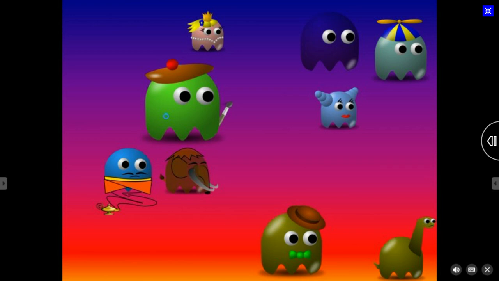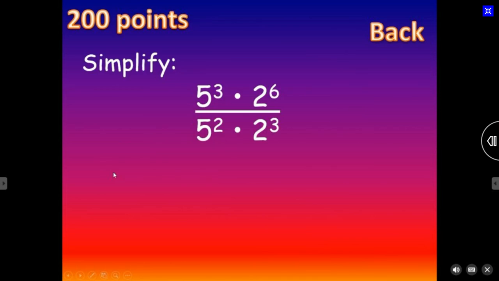Alright, we are doing the genie test. It looks like a ladder. It looks like a penguin. Okay. Okay, 200 points. The genie is in 7.